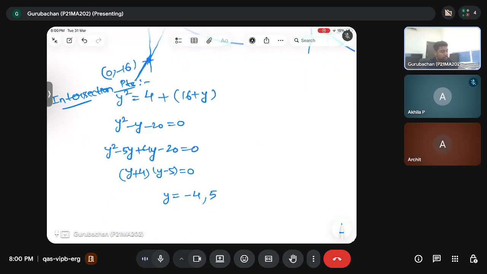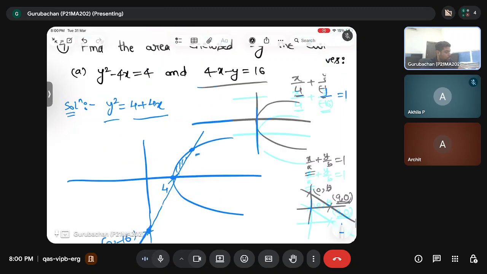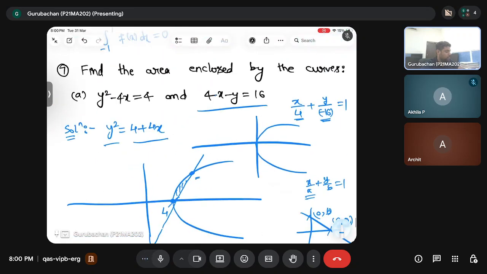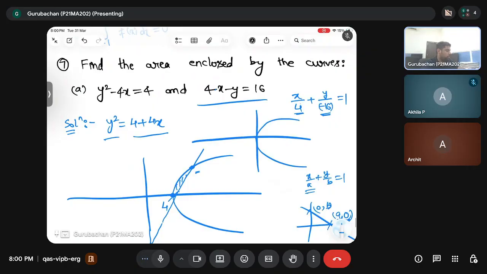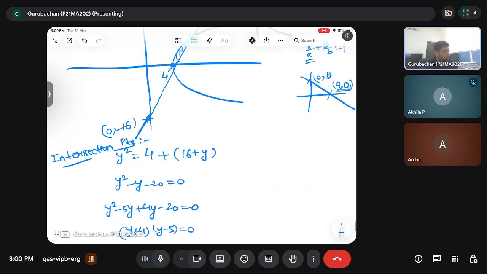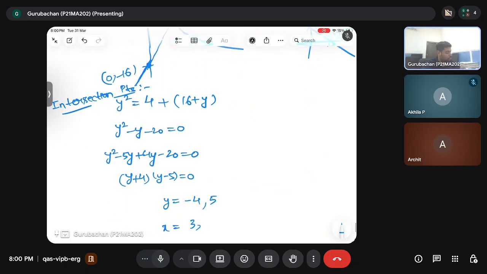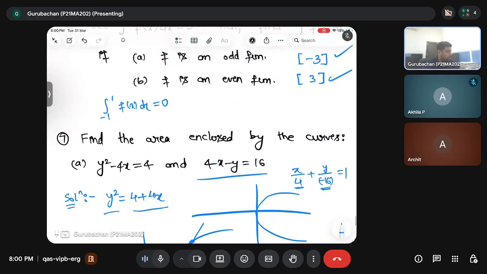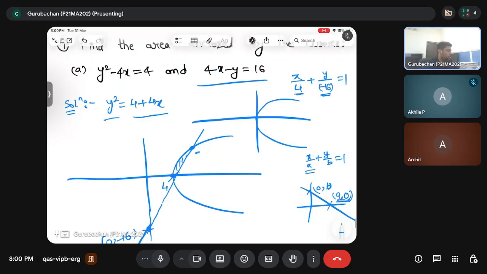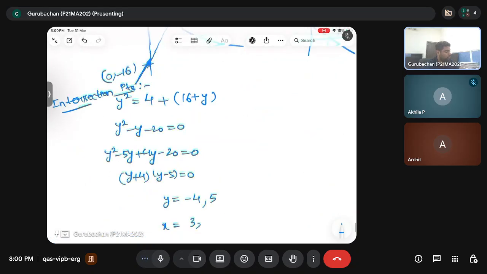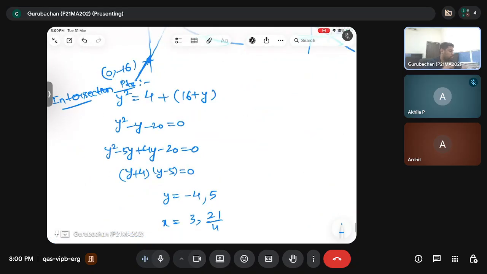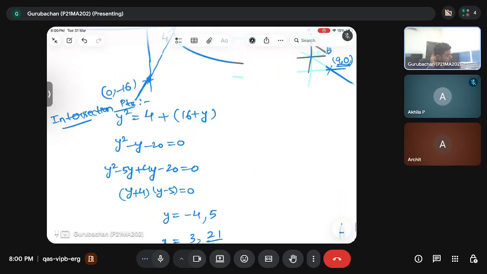Next one is x equal to, from here when you substitute minus 4 in this, this will be minus 4 plus 20, minus 4, 12 by 3, or when you substitute y is equal to 5, that will be 21 by 4. I think there is some calculation error from my side itself.